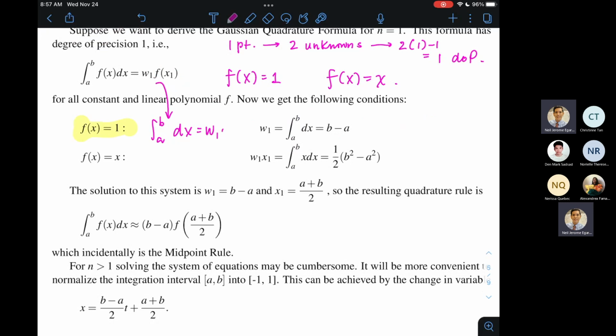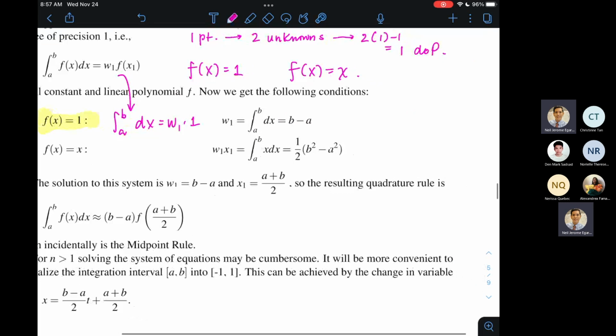Pag pinlug in ko si x1, 1 pa rin yung makukuha ko. Alright? So this equation, particularized for f of x equals 1, will look like this. So W1 times 1 will give us W1. Itong integral na to, madali siyang i-evaluate. Integral lang ng dx, that will give us b minus a. So basically, our first equation is W1 equals b minus a.